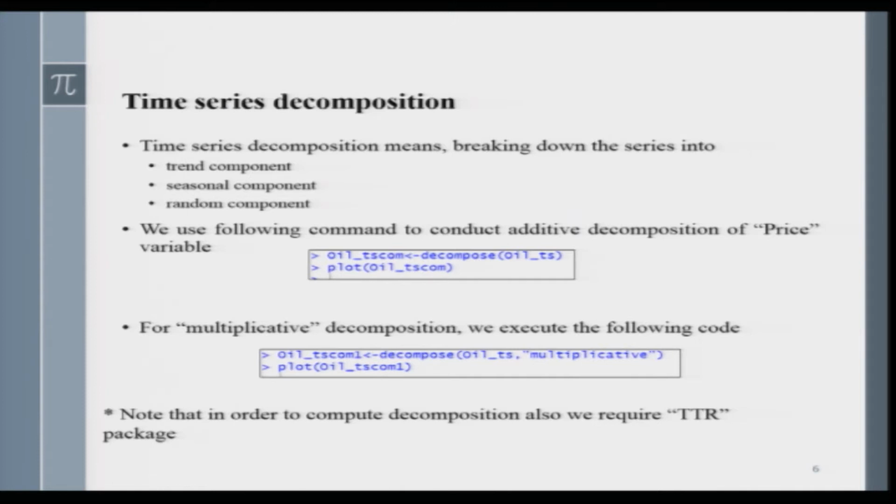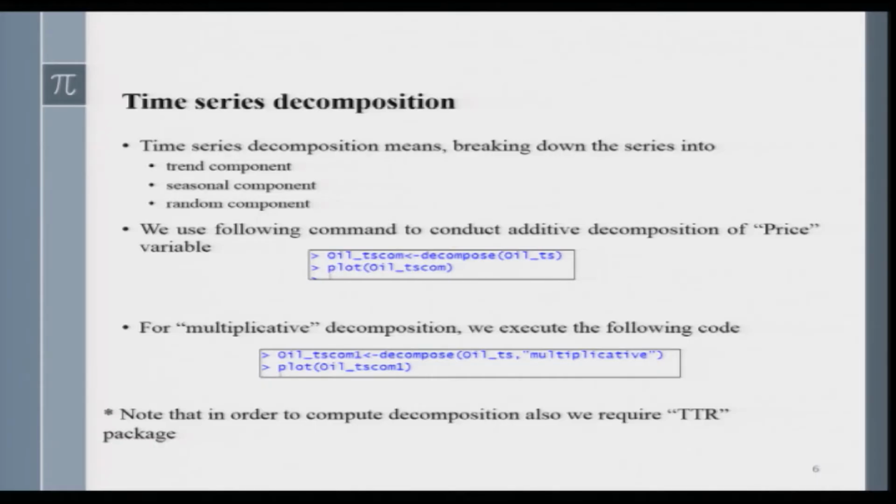Actually it is not a variable, it is basically a data storage. So, after conducting the decomposition exercise on the oil price data, the software will generate 3 series of numbers, one for trend, one for the seasonal component, other one is the random noise. So, here these 3 components will be stored under this name oil_TScom.